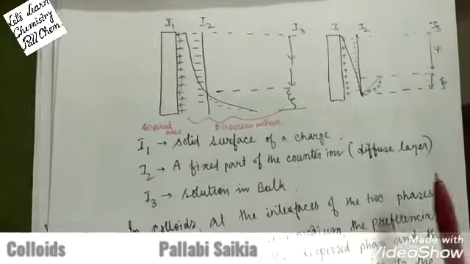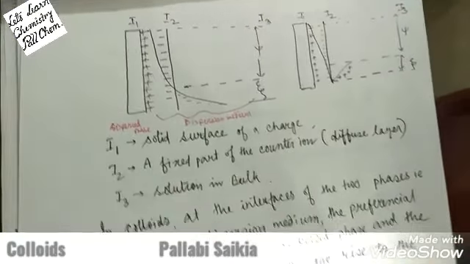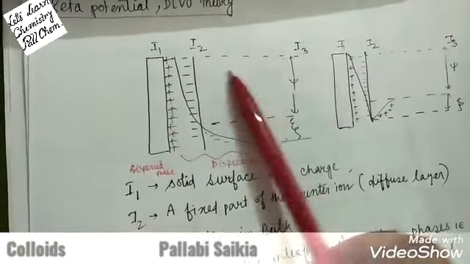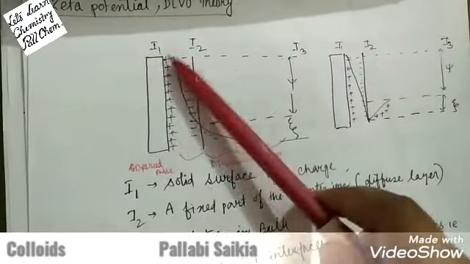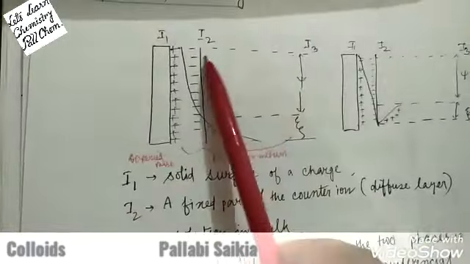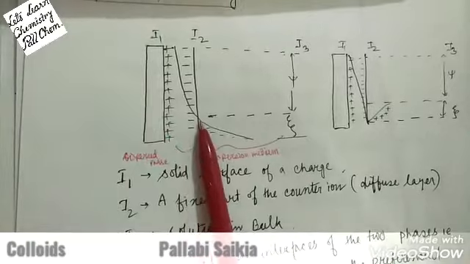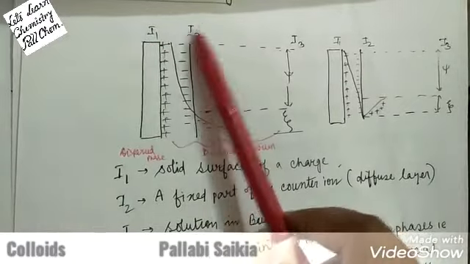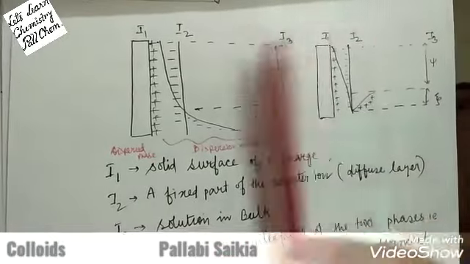Suppose this is the solid dispersed phase and this is the dispersion medium, then the preferential absorption of the ion on the dispersed phase results in the counter ion being absorbed in the dispersion medium next to the dispersed phase. Suppose the dispersed phase is I1, I2 is the dispersion medium, which is a fixed part, and I3 is the solution in bulk.